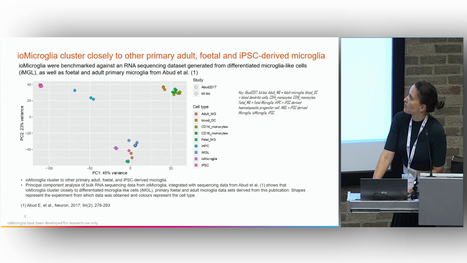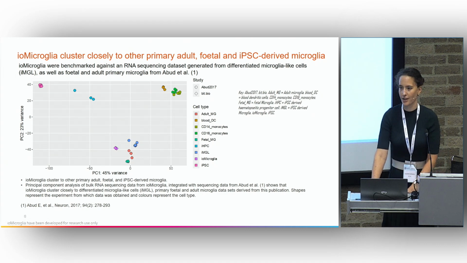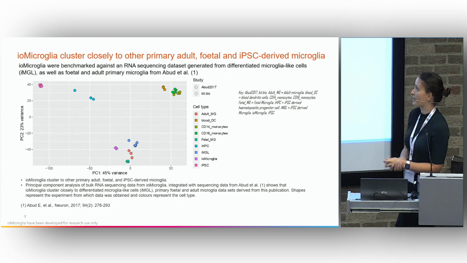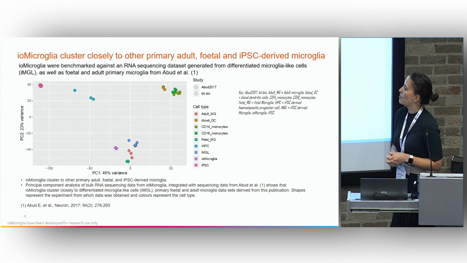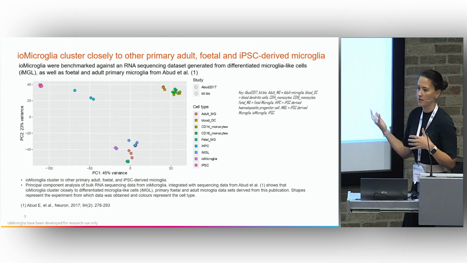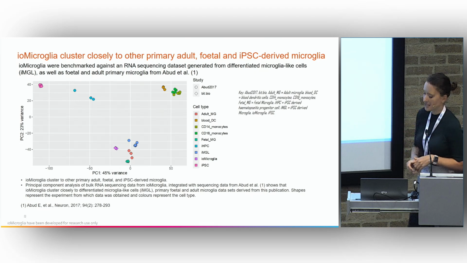And when it comes to benchmarking, yes, it is difficult to get hold of primary cells to benchmark these cells to, so we have to rely on external data sets. So we have looked at comparisons between our cell types and published data sets, one of the protocols being the Abud protocol.